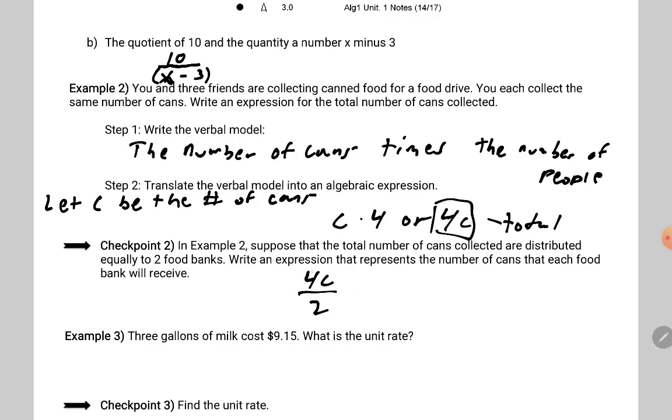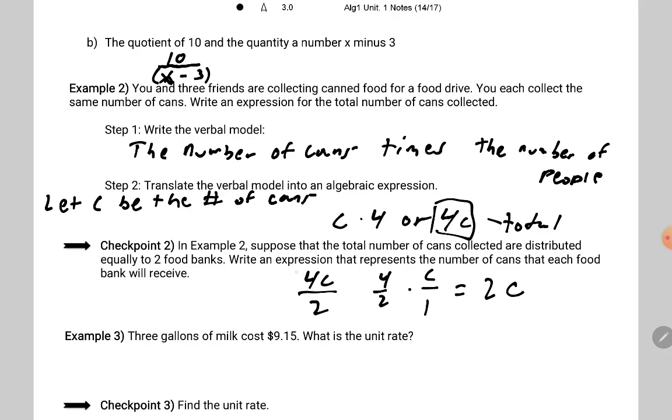Now, the good thing about this is we can simplify this by separating the letters from the numbers. So this is 4 divided by 2, and then we have C over here. 4 divided by 2 is 2, so that is 2C.